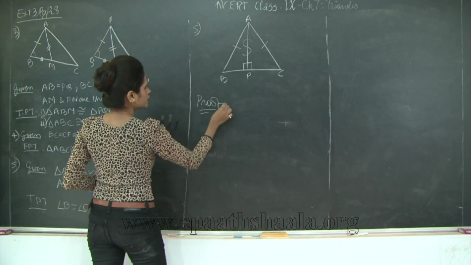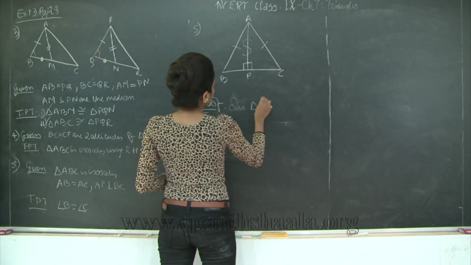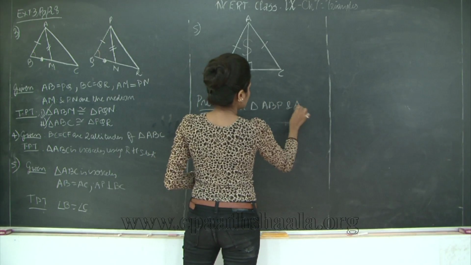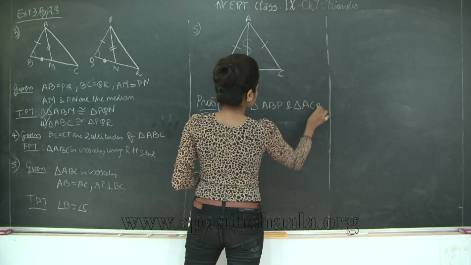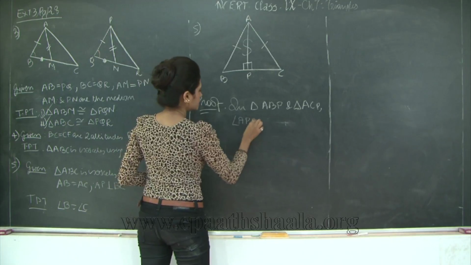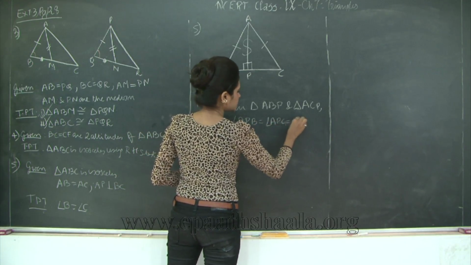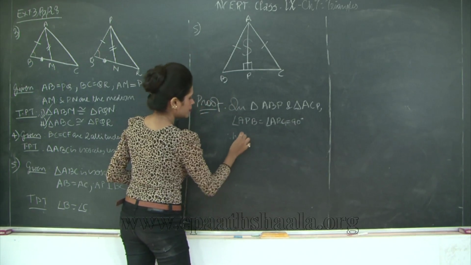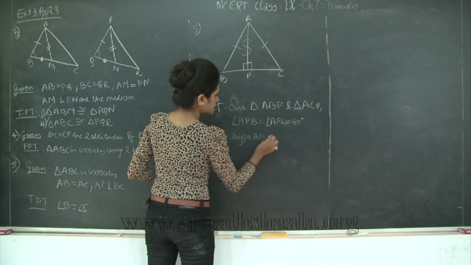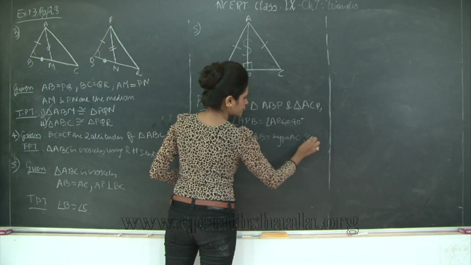Proof: in triangle ABP and triangle ACP, I have angle APB is equal to angle APC, each is equal to 90 degrees. Therefore, hypotenuse AB is equal to hypotenuse AC, which is given.